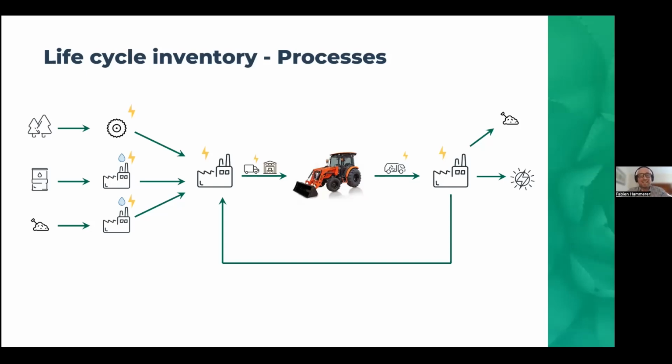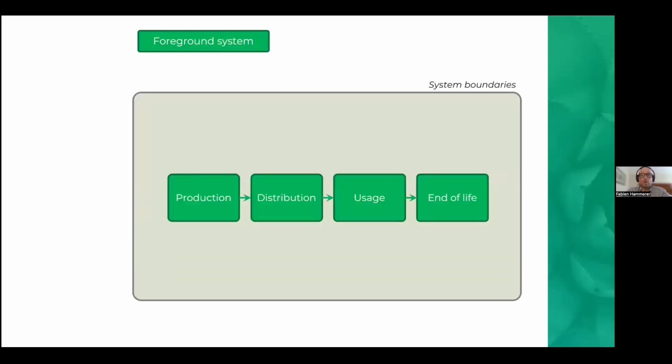So that we know exactly how these flows interact with the environment. What the life cycle assessment does is that on top of the standard phases of the life cycle of the product, it brings to the surface what we call the background system.